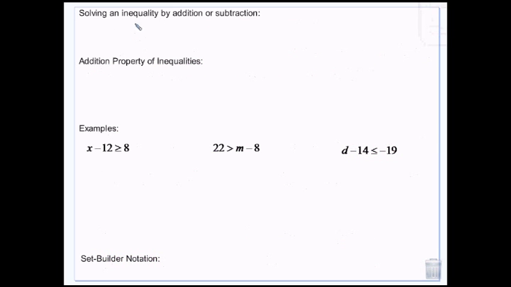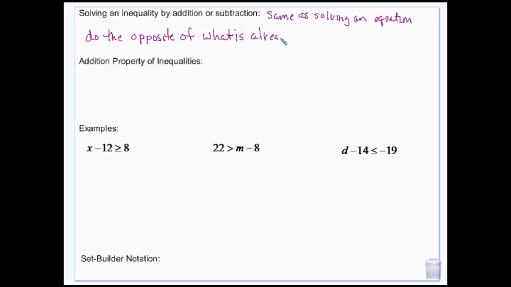We solve inequalities by addition or subtraction. This is the same as solving an equation. We're going to do the opposite of what's already there. So if they added, you subtract.